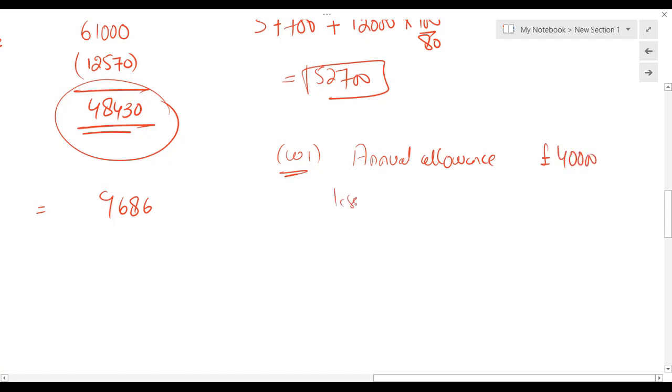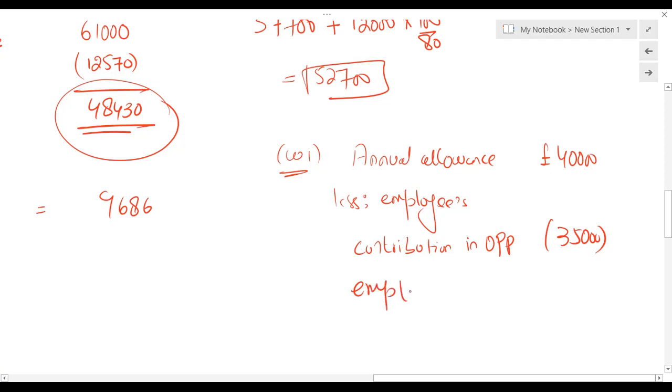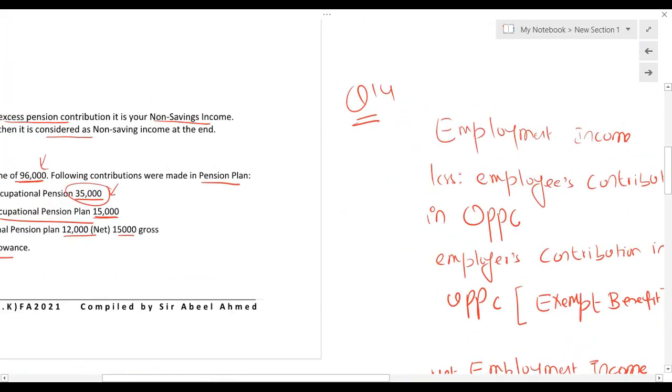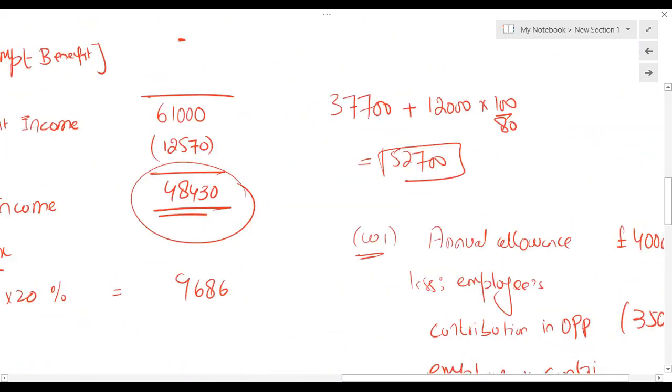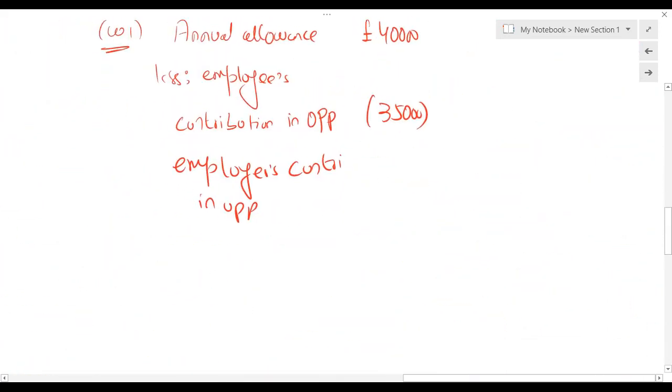Let's deduct all contributions. The employee's contribution in occupational pension plan, which is 35,000. The employer's contribution in OPP, how much has the employer contributed? 15,000. So we need to deduct this 15 as well.